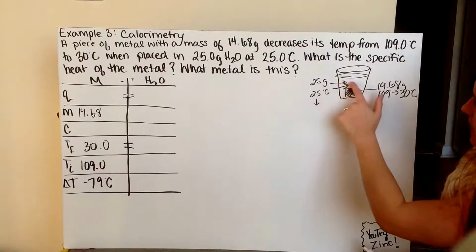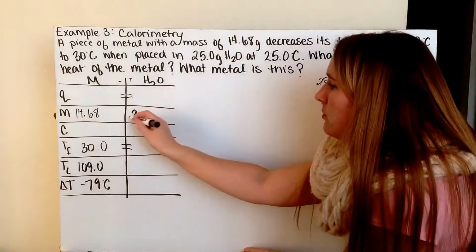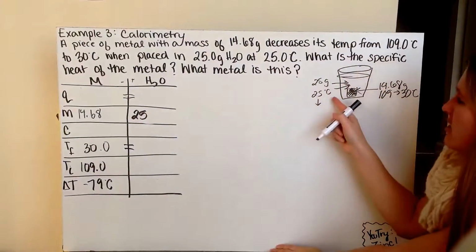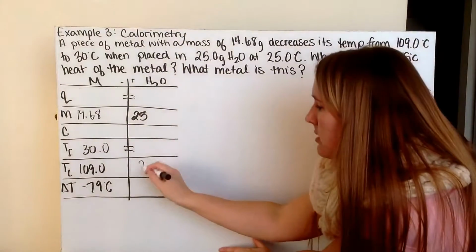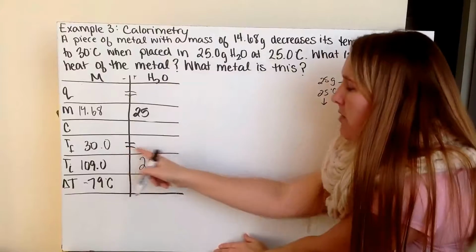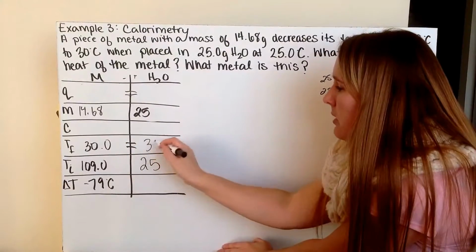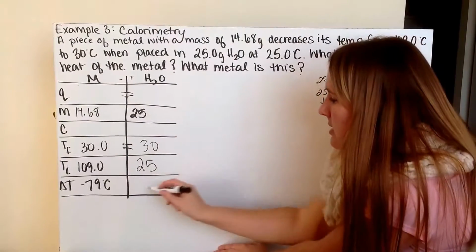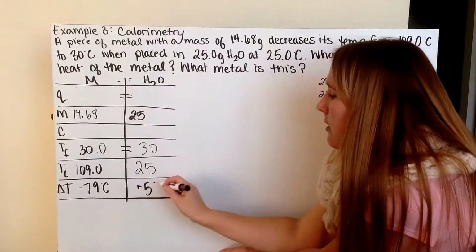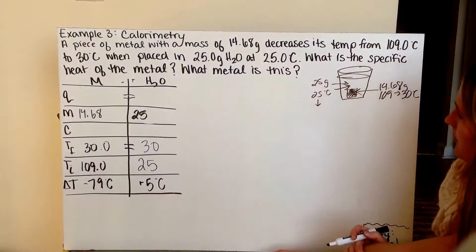I know I have 25 grams of water that are starting at 25 degrees Celsius. I know my final of both are the same, so it's going to both end at 30. Final minus initial gives me positive 5 degrees Celsius.